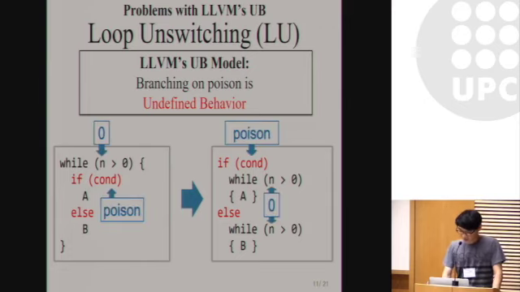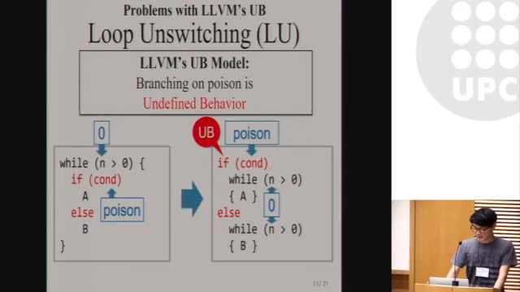To see this, suppose that n is 0 and cond is poison. The source program does nothing because n is 0 and thus no iteration happens. However, in the target, branching on poison happens before starting the loop even if n is 0, thus it raises undefined behavior. Therefore, this loop unswitching becomes invalid because a well-defined program is optimized to an ill-defined program.